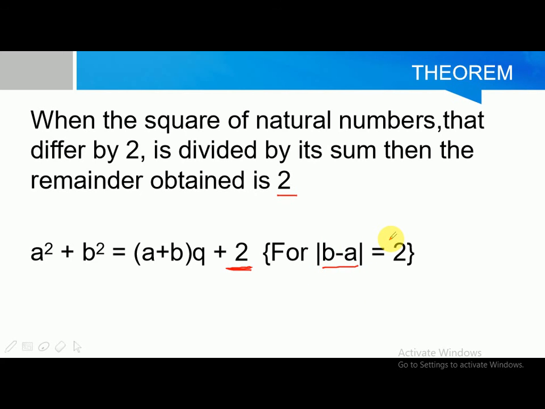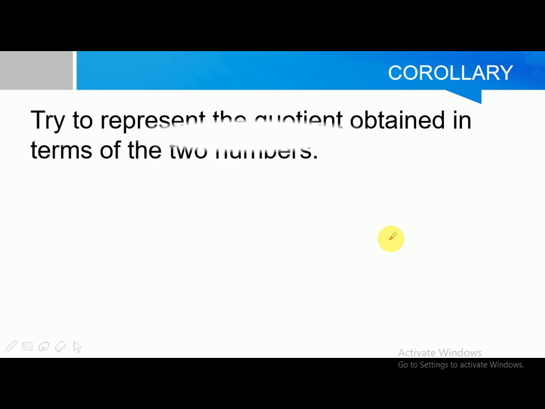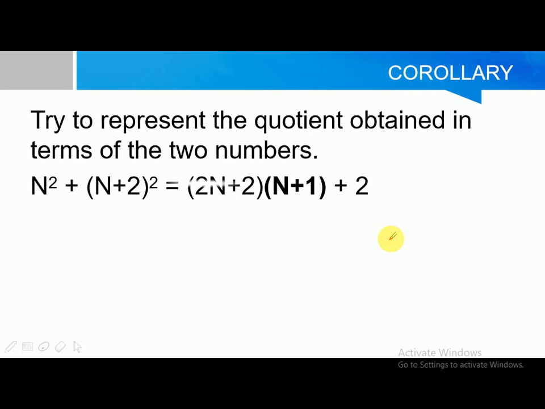Now there is a corollary to this particular theorem, and I want you to try to find out what the corollary is. I'll give you a hint. If you are able to represent the quotient that is obtained in terms of the two numbers, then you can formally articulate the corollary.